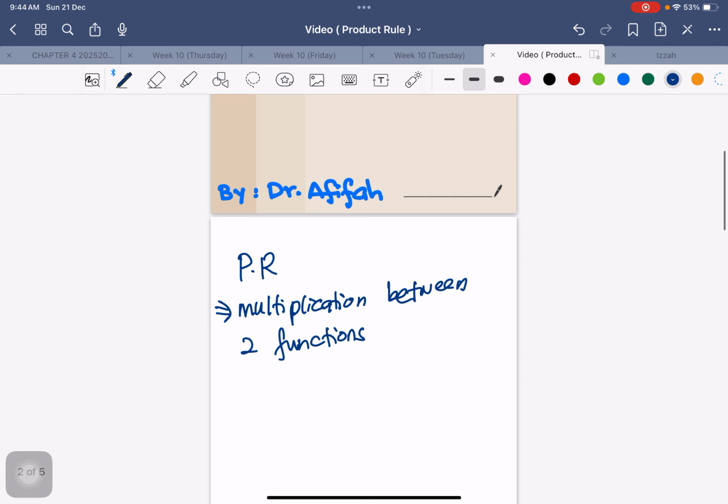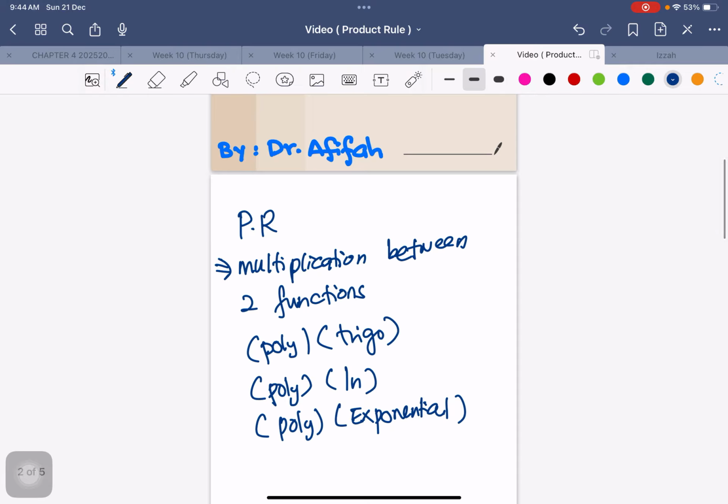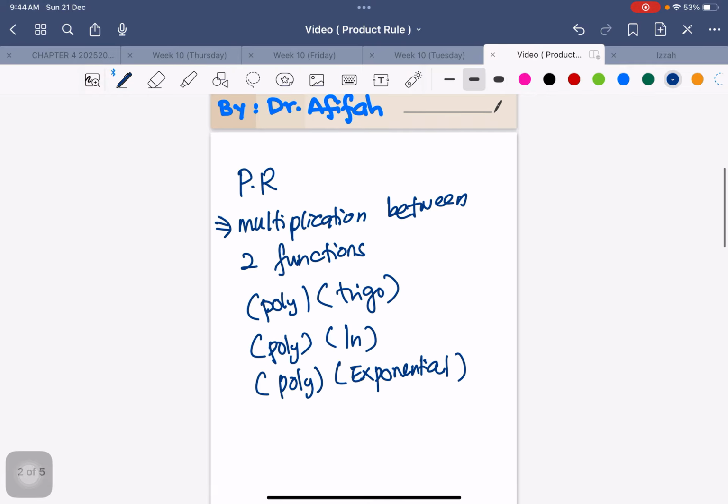For example, a polynomial with a trigonometric function, or polynomial with a ln, or polynomial with exponential function. And if you have, say, polynomial with polynomial.